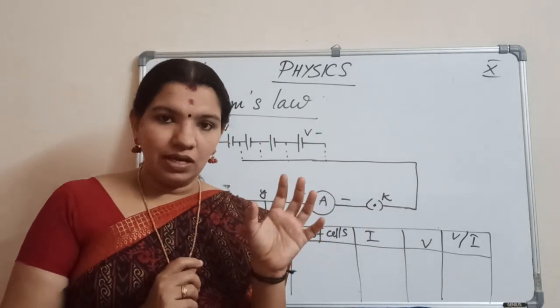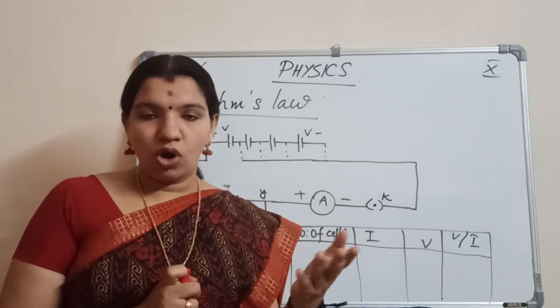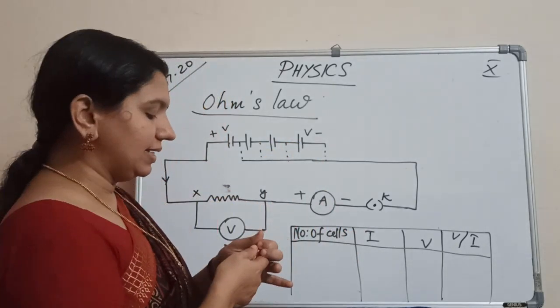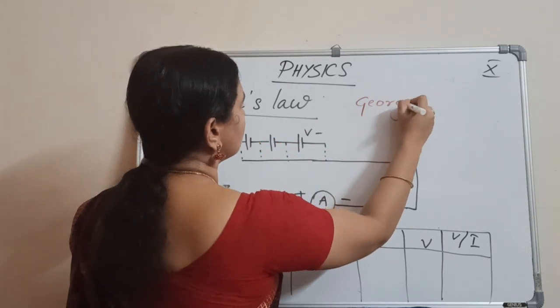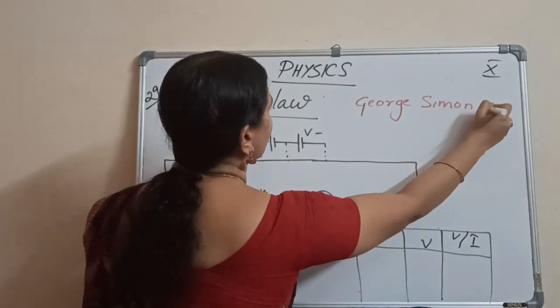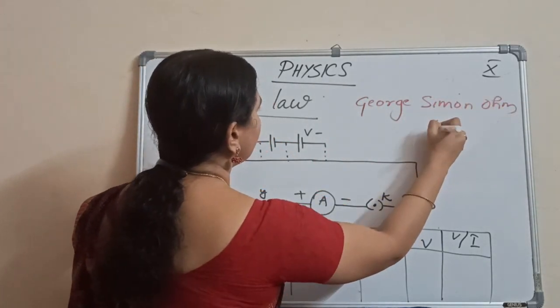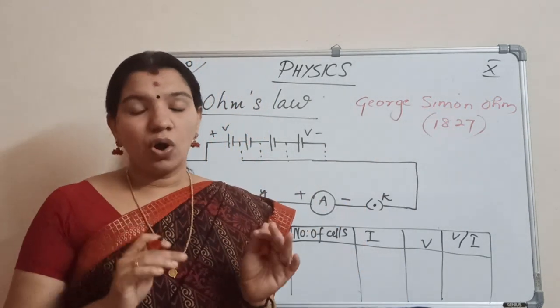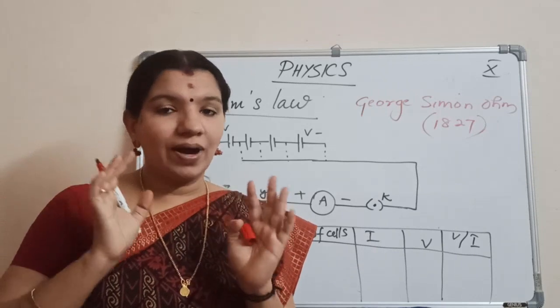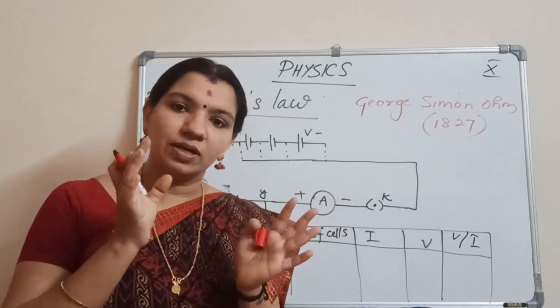Ohm's law was stated by a scientist named George Simon Ohm in 1827. George Simon Ohm wanted to find a relation between potential difference and current.